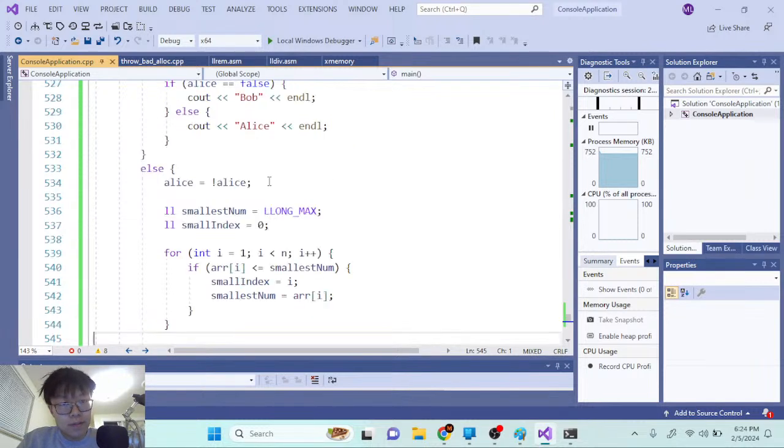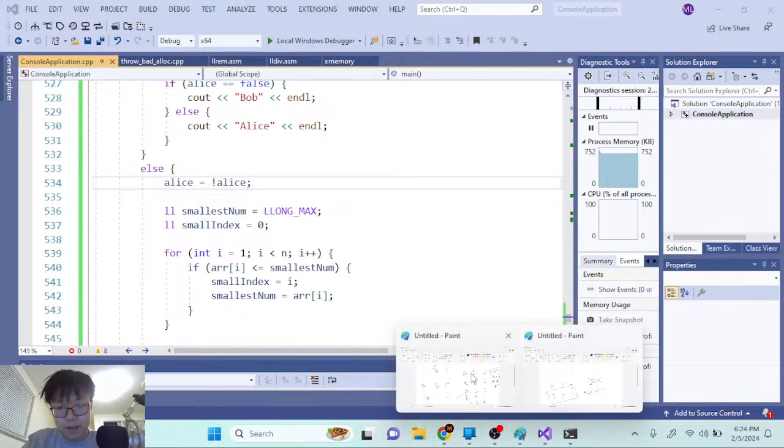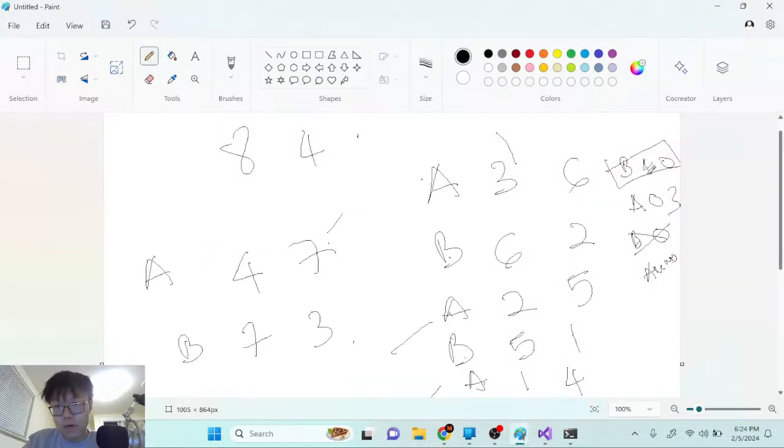Find the smallest number. So here, in this case, it's going to end at like 4, 0, right? So we're going to minus 1. It becomes 3.